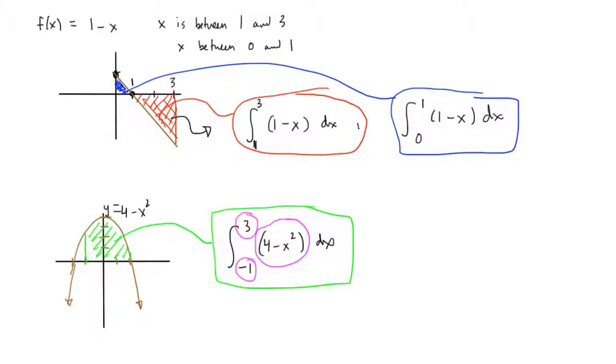Now, one thing I wanted to mention before we quit is that in the case of, say, this blue or this red area, it should be pretty obvious what the actual area is, because both the blue and the red area are triangular. In situations like this where the areas are obvious geometric shapes that you know from elementary school, you can compute these areas very quickly just by using a geometric formula.